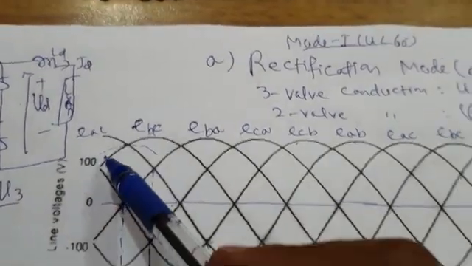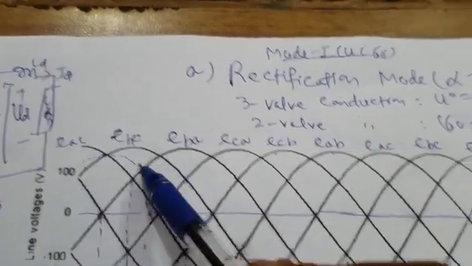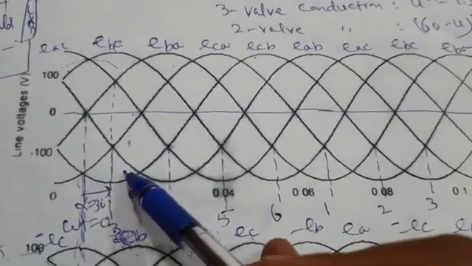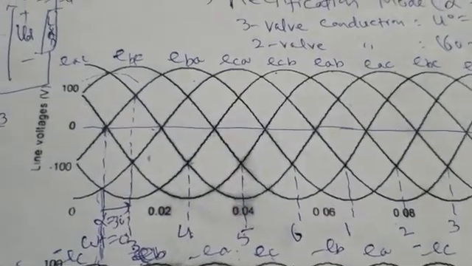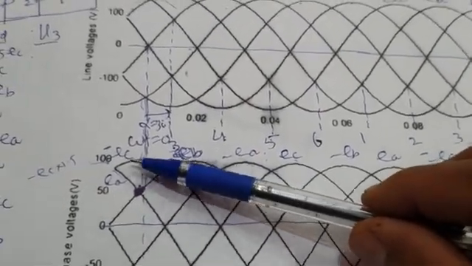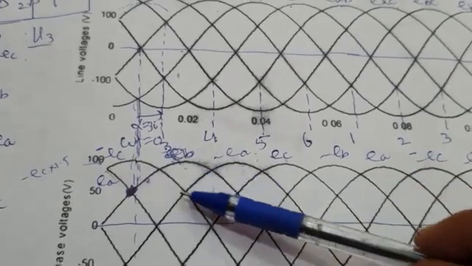You will see those waveforms will pass through these crossover points. This crossover point, this crossover point, this crossover, ऊपर और नीचे भी ये crossover points से they will pass this. So in other words, this is minus EC. If you multiply it by 1.5, this becomes your minus 1.5 EC.